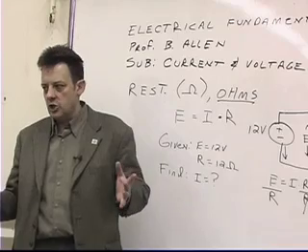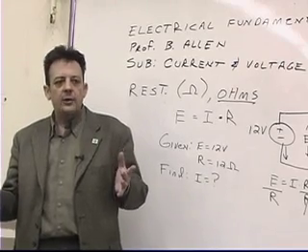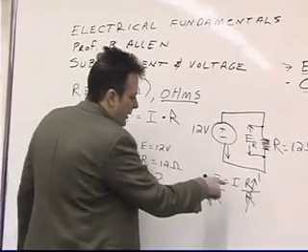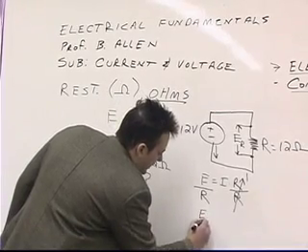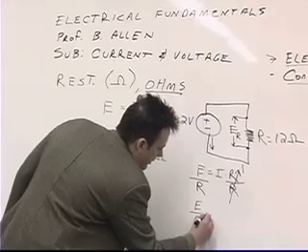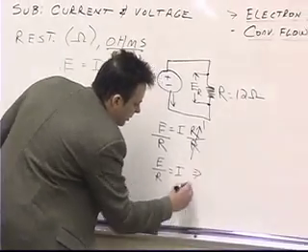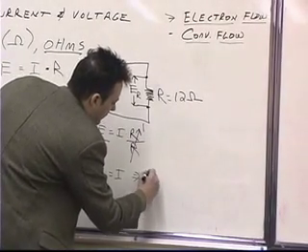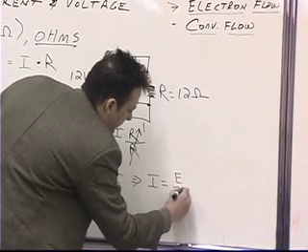The look of it has changed, but its mathematical accuracy has not changed. If we simplify this, we get E divided by R equals I, or we can move the I over to the left-hand side of the equal sign: I is equal to E divided by R.